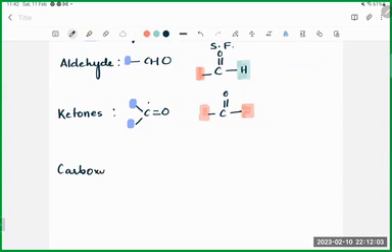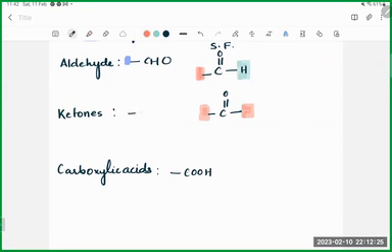Let's do the carboxylic acid. What are carboxylic acids? Carboxylic acids have C double bond O and O and H. Clear? So how will the carboxylic symbol be written? COOH, right? Let me draw the structural formula.